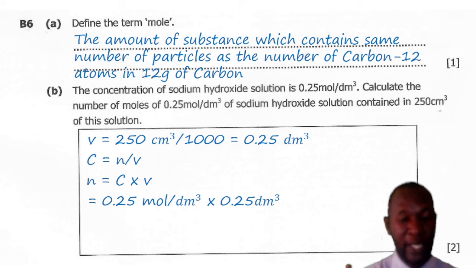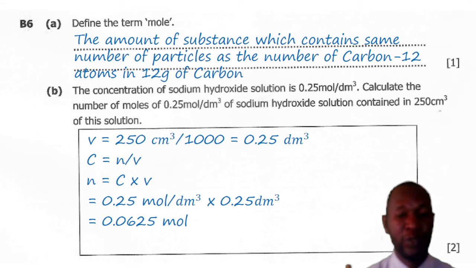Once we multiply, we are going to get 0.0625 moles. So that is the number of moles of sodium hydroxide which will be contained in 250 cubic centimeters of the solution. So that is how we find the answer.